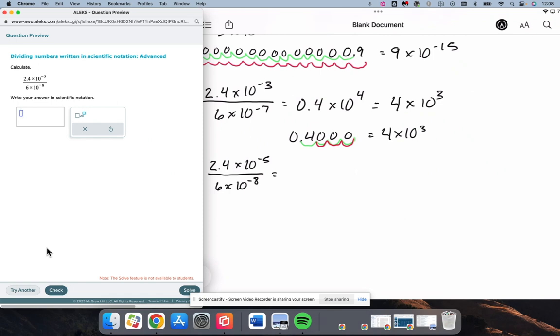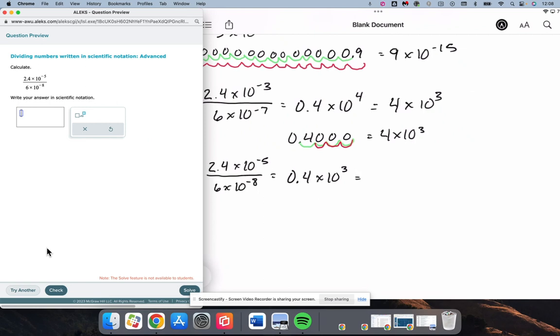Strange. Okay. 2.4 divided by 6, we already know it's 0.4. Negative 5 minus negative 8 is going to be positive 3. And we do need to convert that to scientific notation since it's not correctly done. And I believe it would come out to be 4 times 10 to the power of 2.